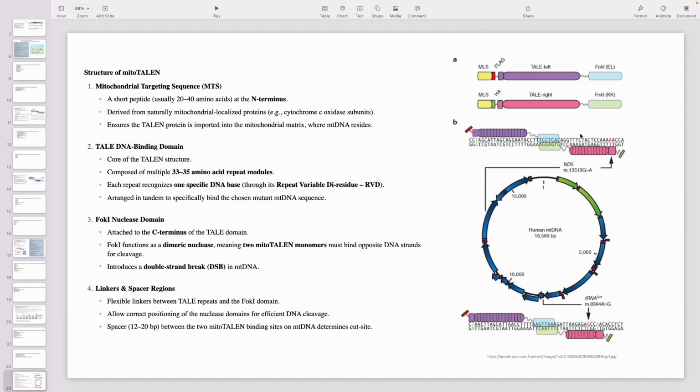Once the DNA binding domains recognize the sequence on the mitochondrial DNA, the FokI domains dimerize and cut the double-stranded DNA sequence, leading to a double-stranded break.